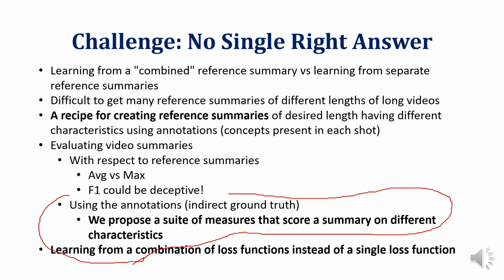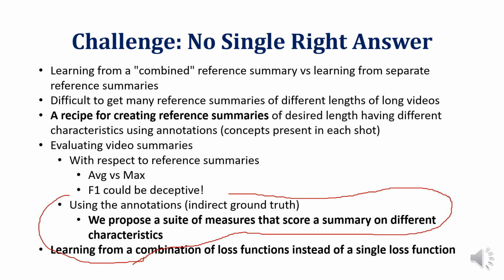It's also very difficult to get summaries for long videos, whereas this objective criterion makes the process more seamless. And we can evaluate video summaries with respect to reference summaries which have actually been created using objective criterion, or you could use the annotations themselves, the indirect ground truth, to evaluate video summaries. So we propose a suite of measures that score a summary on different characteristics.